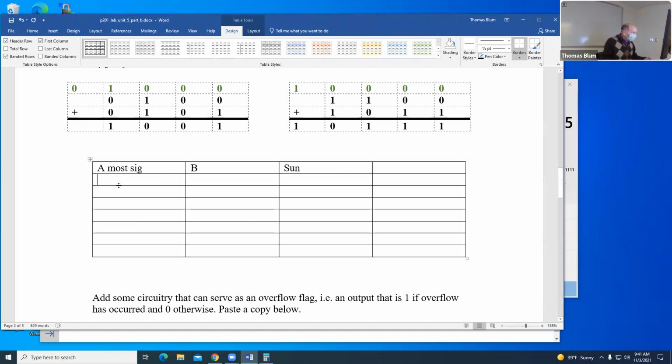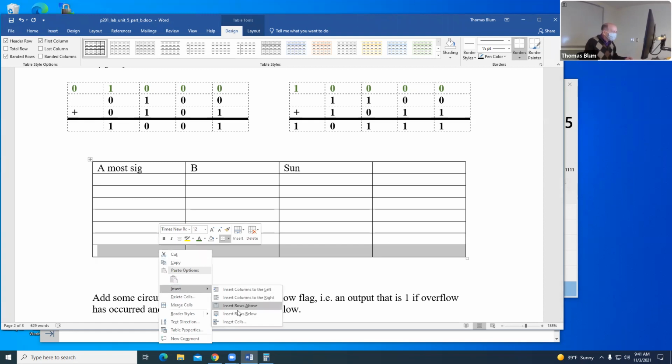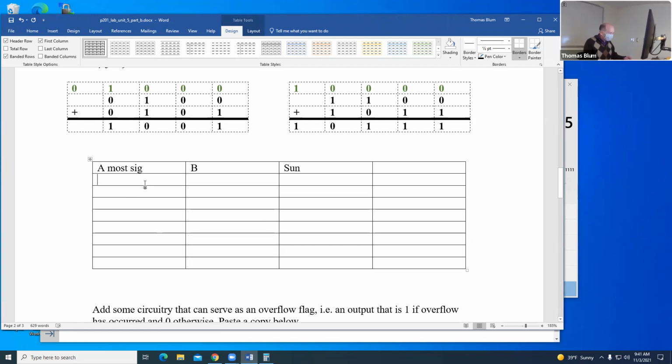And I just do my usual 1, 2, 3, 4, 5, 6, 7. I need one more. Insert row below. Okay, so I start with all my possibilities. I'm just making a truth table.